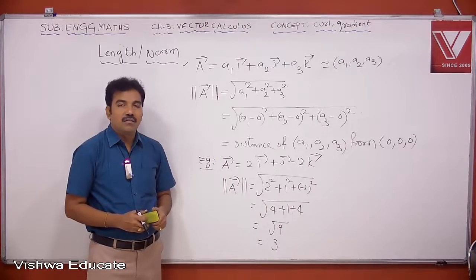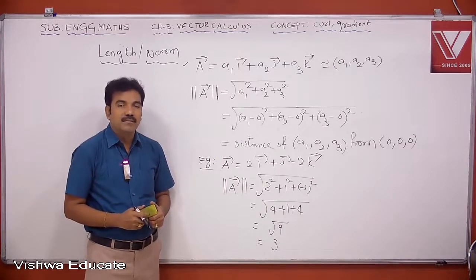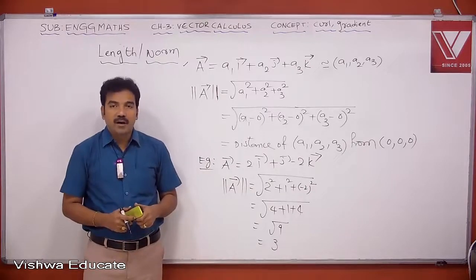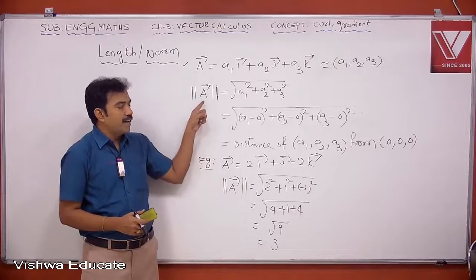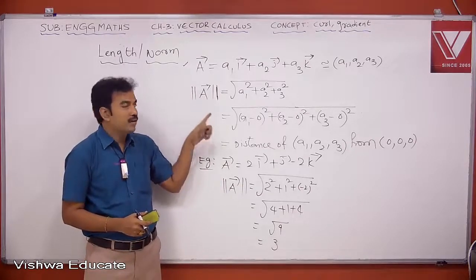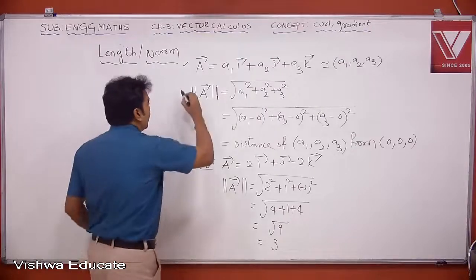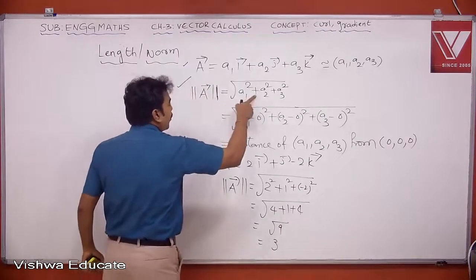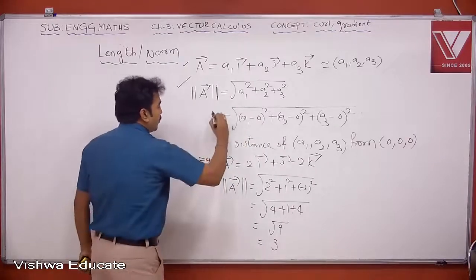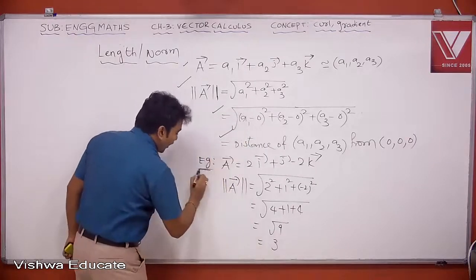The length or norm of a bar is denoted and defined as square root of a1 square plus a2 square plus a3 square. Next you continue these two lines followed by an example.